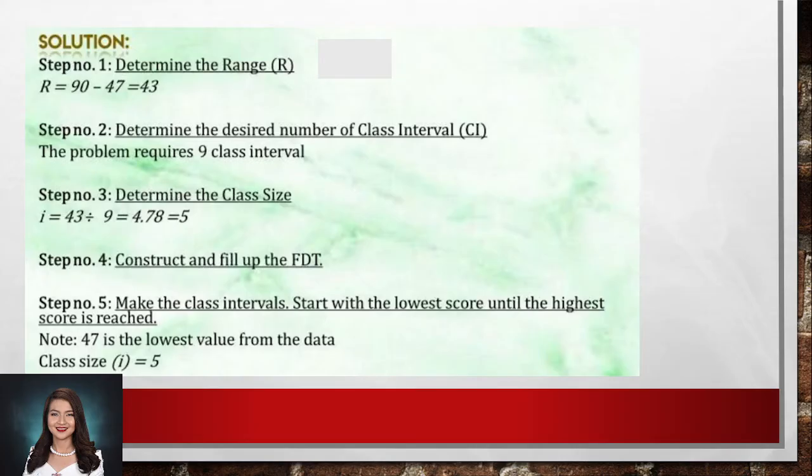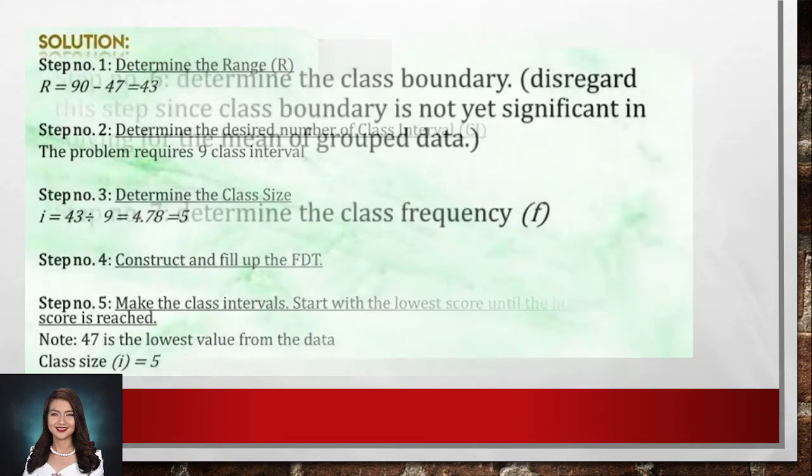Step 4, we're going to construct and fill up the frequency distribution table. Step 5, we're going to make the class intervals. We start with the lowest score until the highest score is reached. Note, 47 is the lowest value from the data and our class size is equal to 5.